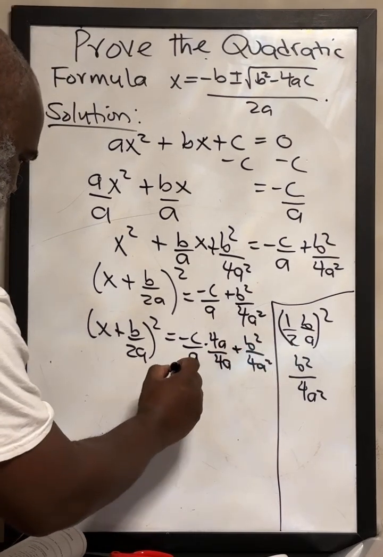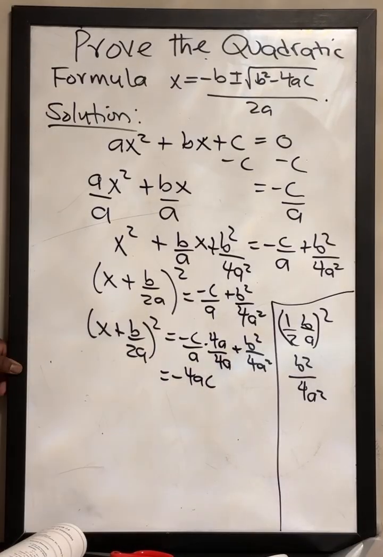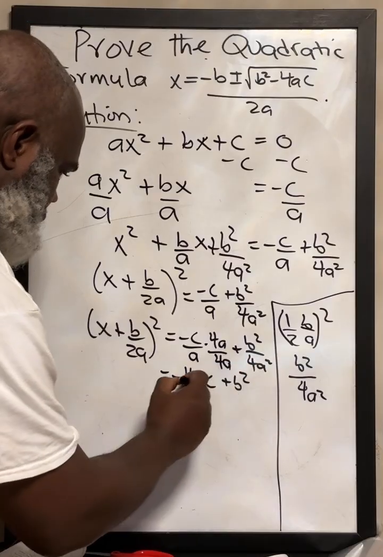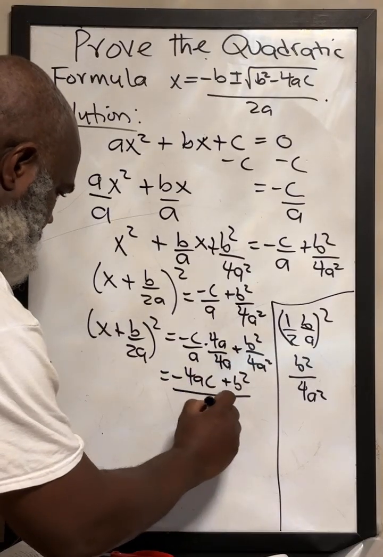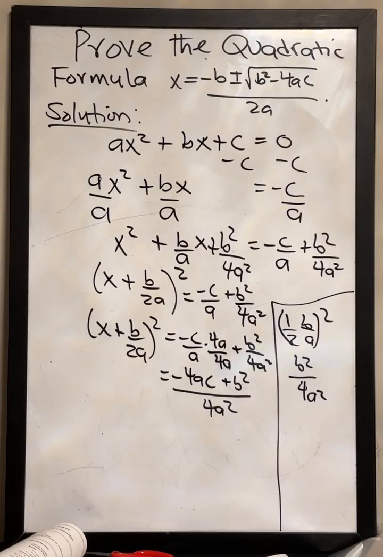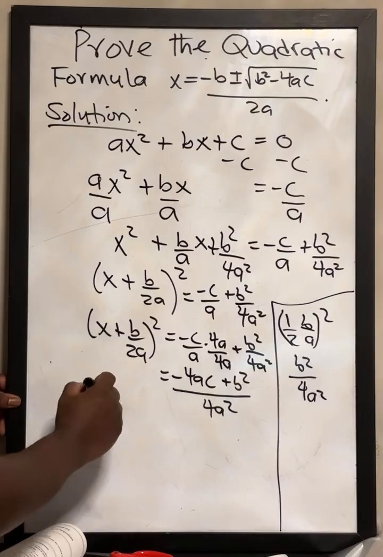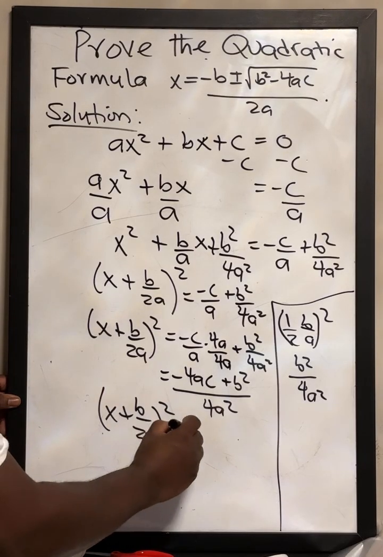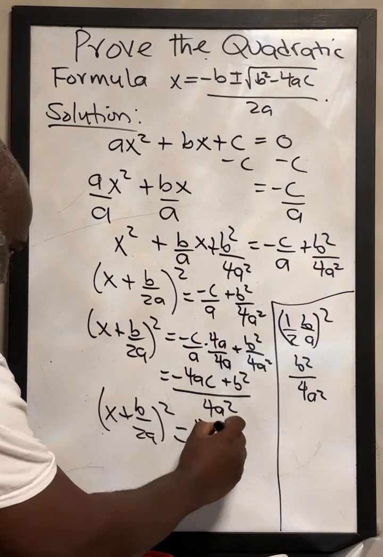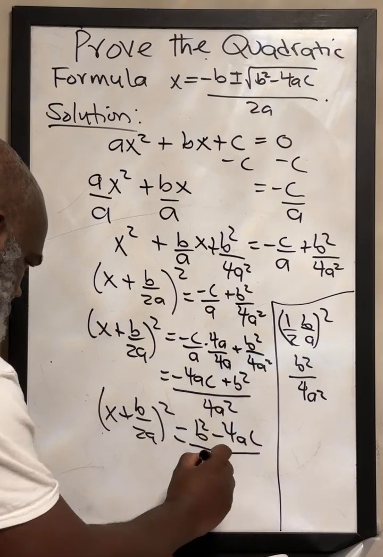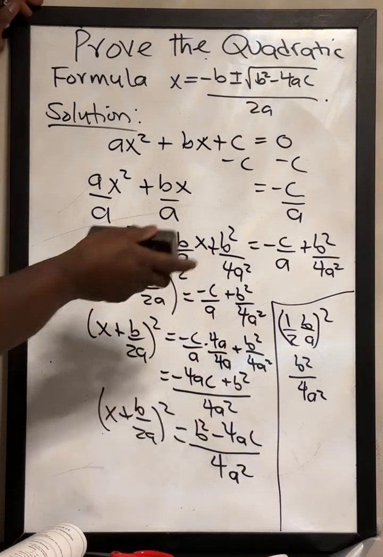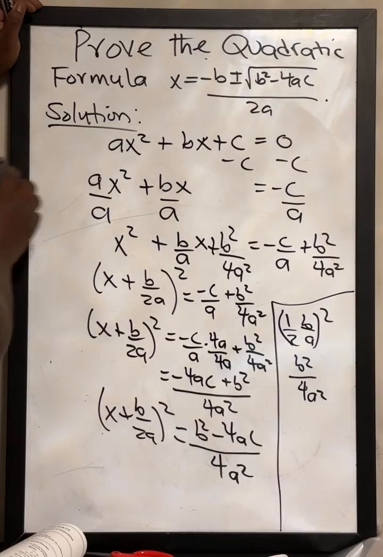So this becomes negative 4ac plus b squared all over 4a squared. Okay, so from here we have x plus b over 2a squared is equal to b squared minus 4ac all over 4a squared.